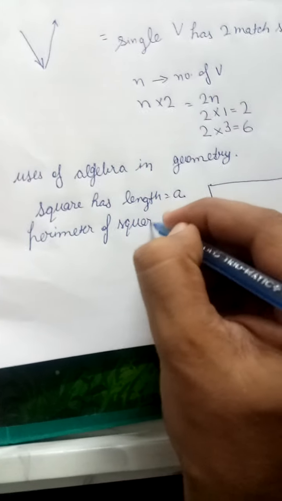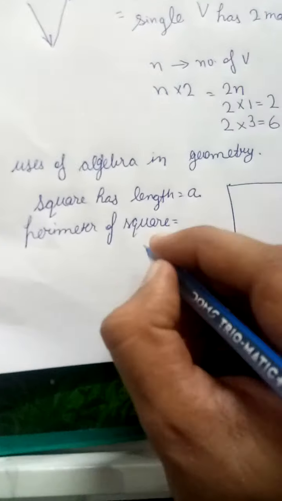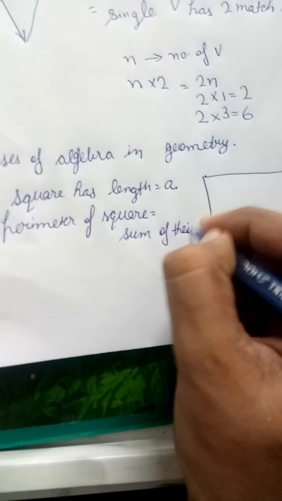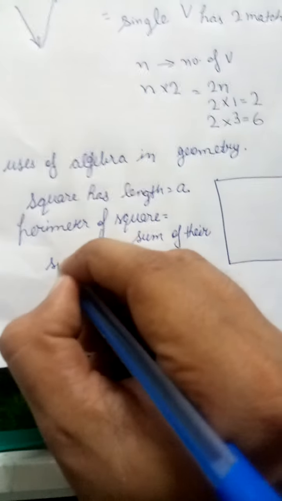The perimeter of a square is equal to the sum of its sides. In a square all sides are equal, and a square has 4 sides.